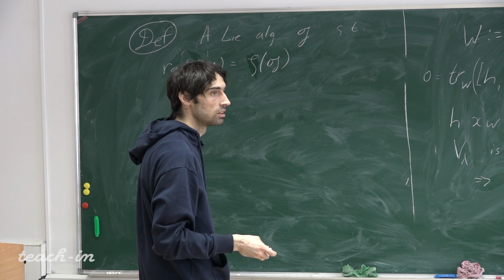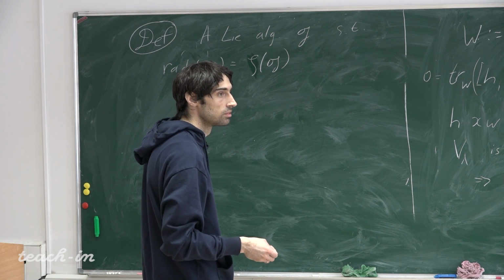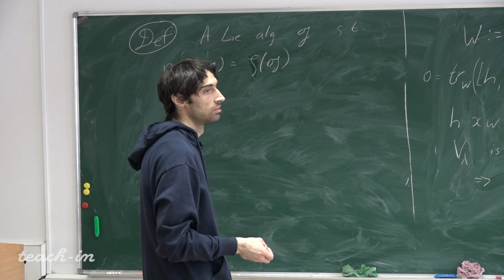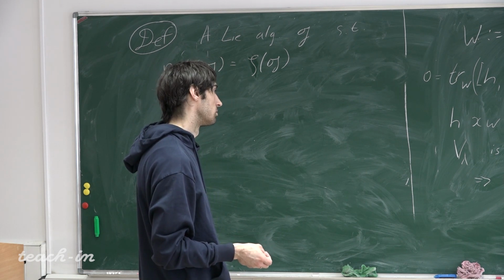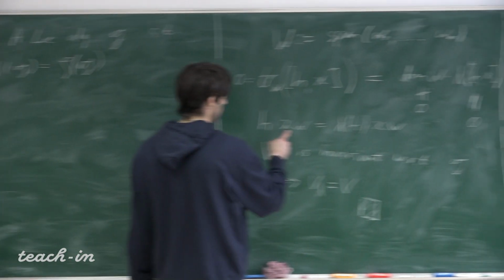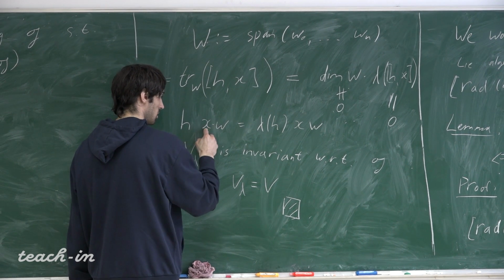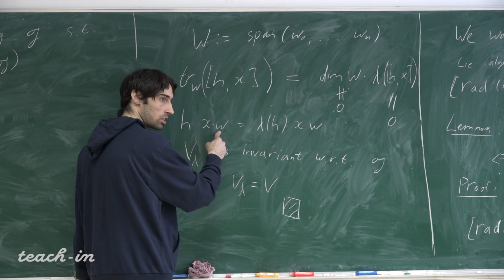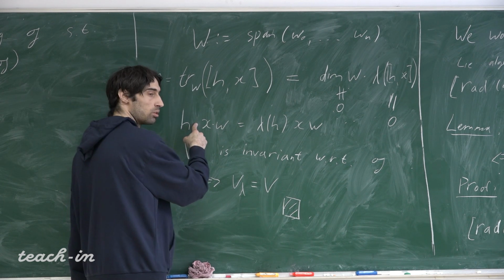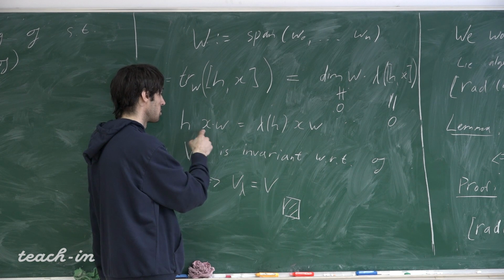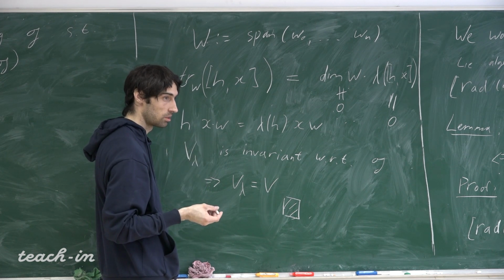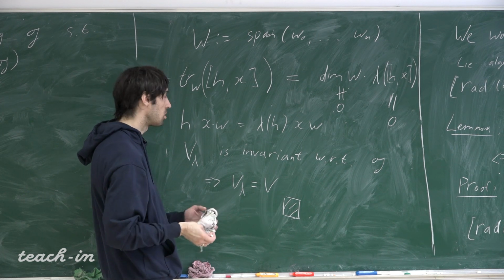I'm sorry. If we are always talking about Lie algebras, does that mean that the multiplication here denotes the adjoint action? No. This dot x is an action. If you wish, it's a multiplication in the universal enveloping algebra. Do you know what is the universal enveloping algebra?